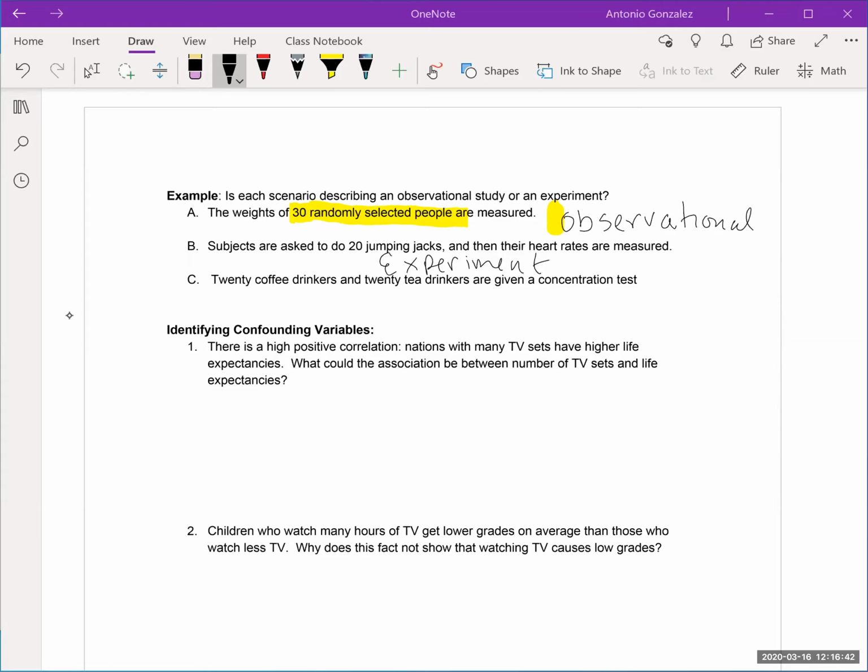Based on that information, I would say that looks more like an experiment, and the reason is we have two groups, and some kind of task is given to them.